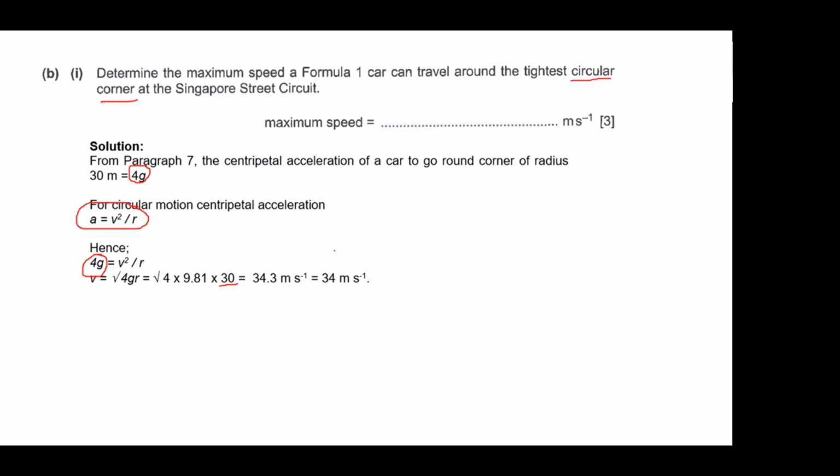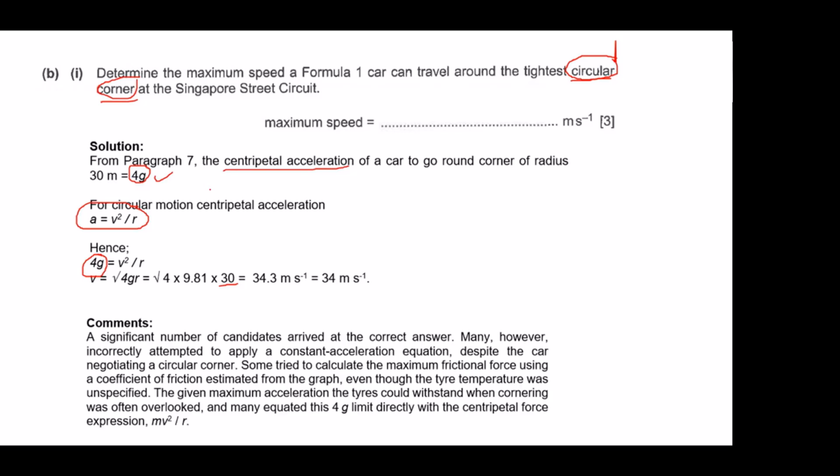So again, how do you know what formula to use? I think there's some idea of a circular corner. Right, and also you have to sieve out the centripetal acceleration told to you, 4G, in paragraph 7. Okay, a number of students were able to get the answer. Also have to be careful again.